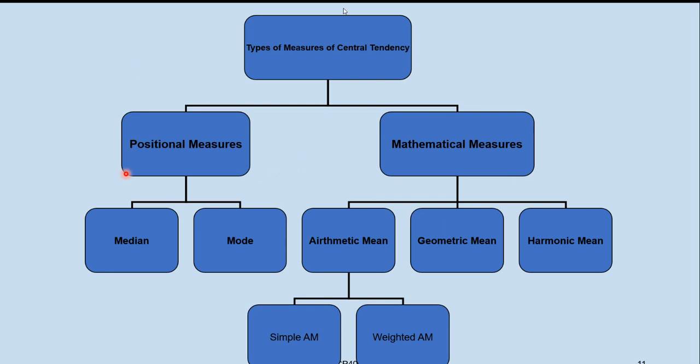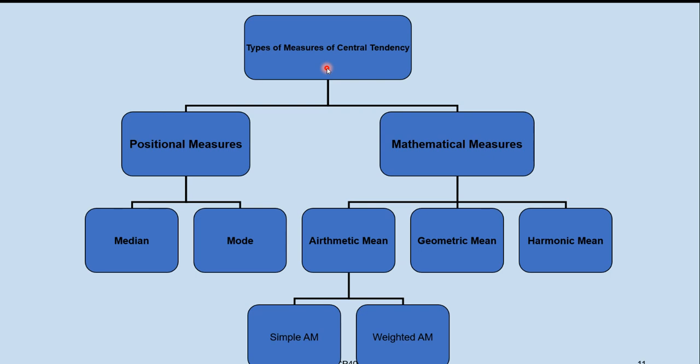Now we will see what are the different types of measures of central tendency. The measures of central tendency are divided into two types. Central tendency means, as I said, the average value is tending towards the central point.